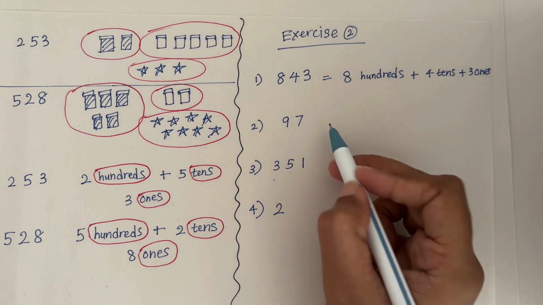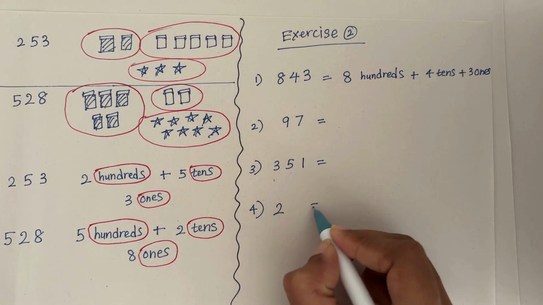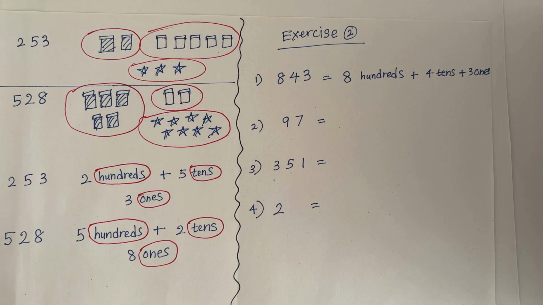Likewise, you have to represent these values also like that. So I hope you did this by pausing the video or somehow else. So now I'm going to discuss them.